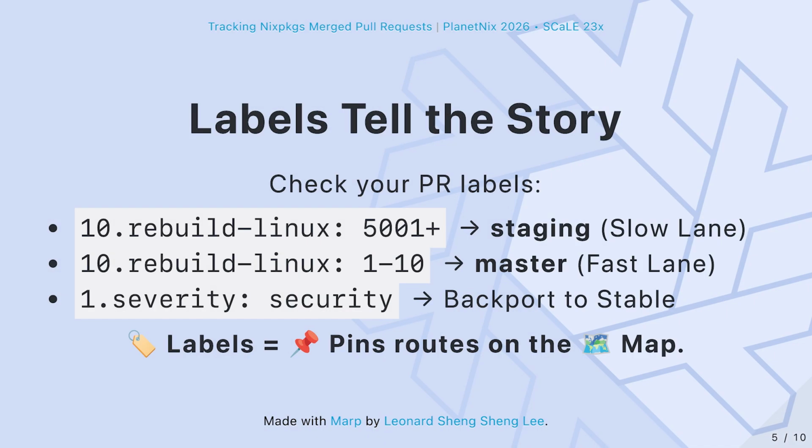So what can help us identify the results after a merge? First of all, we can see the labels on each pull request. For example, here we have 10.rebuild-linux: 5000+, which means that it affects 5,000 or more package rebuilds. So it would definitely go to staging, the slow lane.